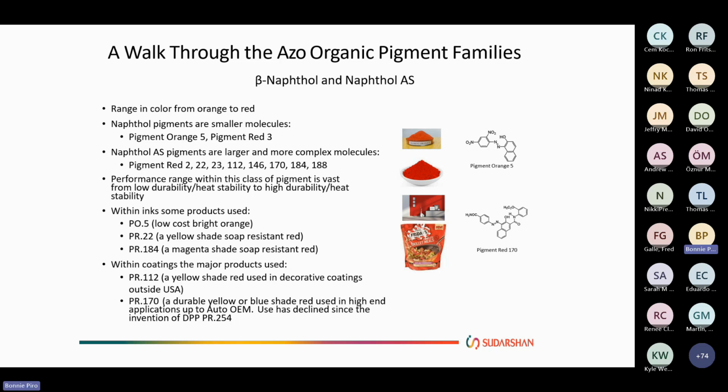The naphthol key one here is Pigment Red 3, the AS. We see the Red 2, 22, Pigment Red 112, 170. These also span both the classical type properties as well as some higher performance type properties. So a lot of options in this particular chemistry category.